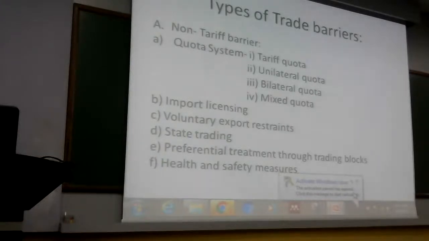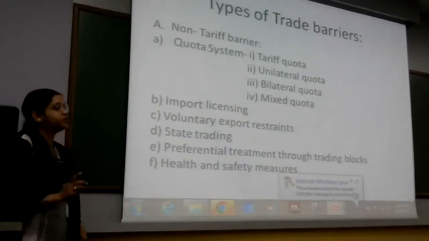Again, the answer is no. In that case, import licensing, right? You have to get a license where it will be possible for you to import the maximum amount of raw materials from the foreign country. But then again, the proportion should be mentioned by the authority.